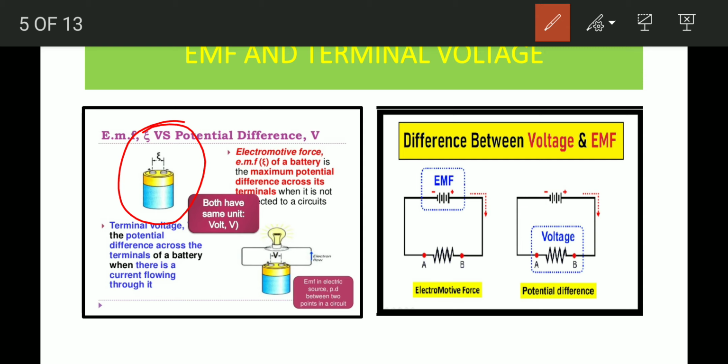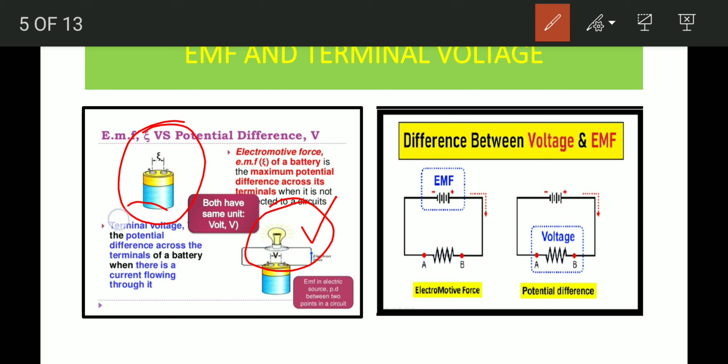EMF. On the other hand, when the circuit is closed, that means now I have put a resistor or a load, in this case it is a bulb. Now as soon as I attach the bulb or the resistor here, the circuit is closed, then this bulb will draw a certain amount of current and therefore there is some potential difference across the two ends of this particular cell.